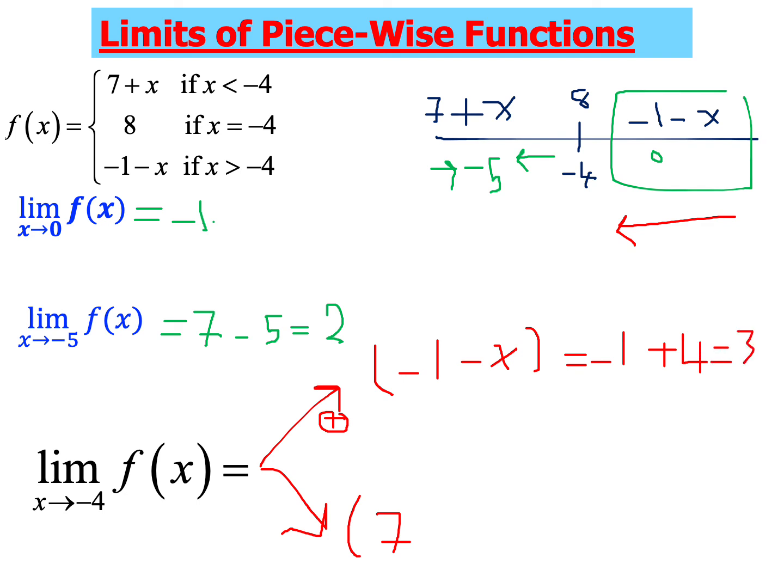And from the left, I use the function 7 plus x. When I replace x by -4, I get 7 minus 4, which is also 3. So that means the limit exists and equals 3.